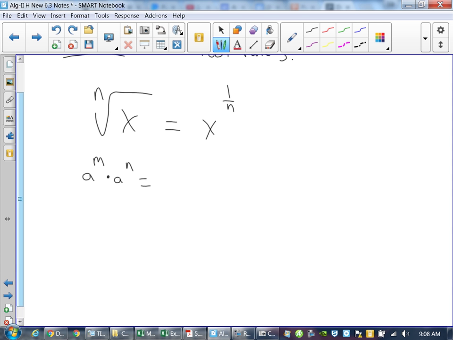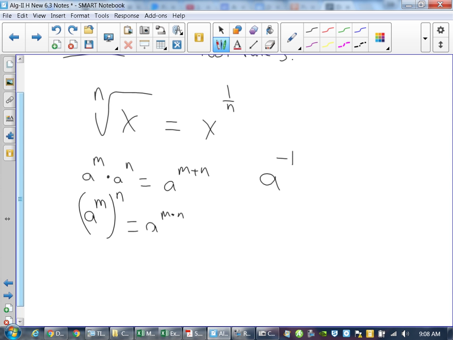What do you do to your exponents? You add them. Same base raised to an exponent, what do you do? Power to power, what do you do? Multiply. What is an exponent to a negative?